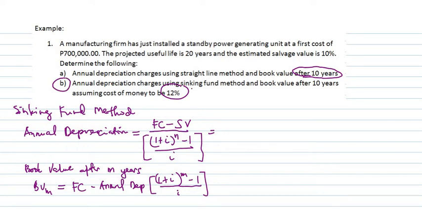So when we solve this problem, we now proceed with letter B, annual depreciation charge using sinking fund method. This time we will solve the annual depreciation using the sinking fund method.